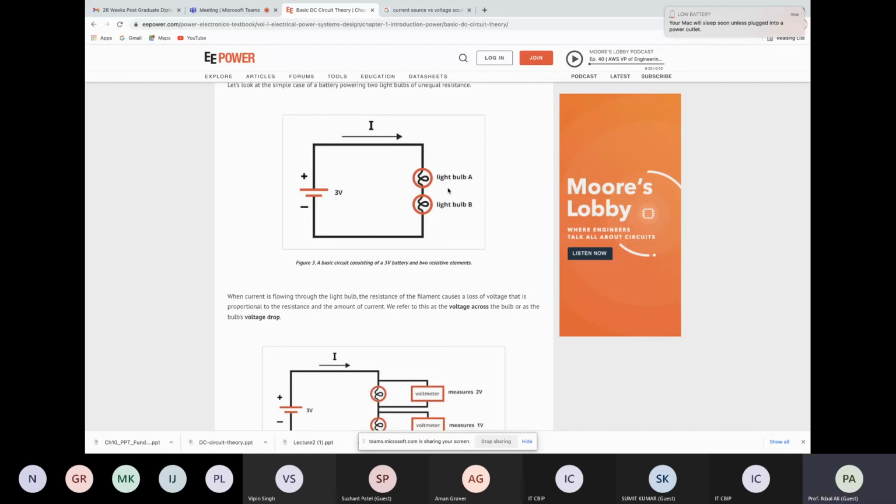So voltage drop is also called IR drop, which is according to Ohm's law.